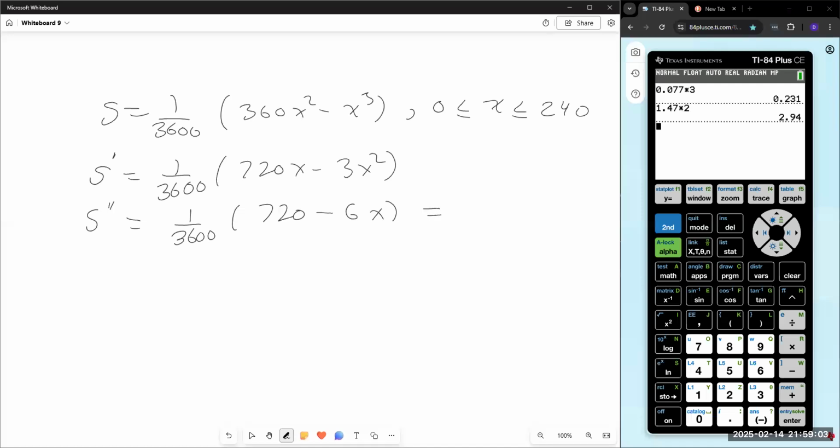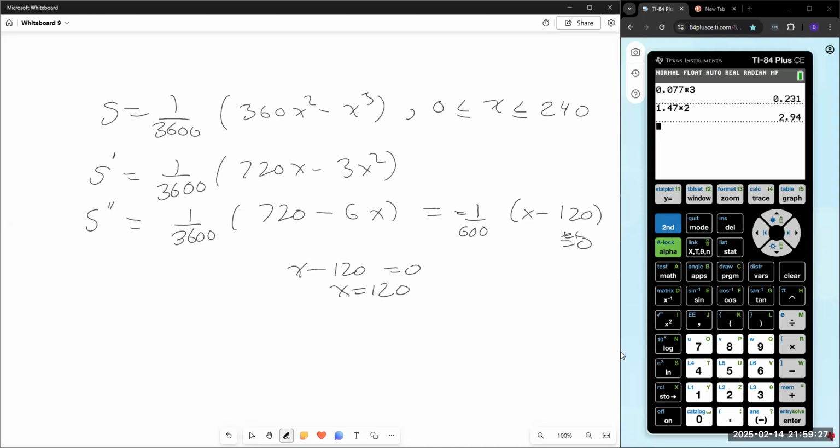I'm going to pull out a -6, so it's -1 over 600 times x minus 120. Set that equal to 0, and x minus 120 equals 0, so x equals 120.